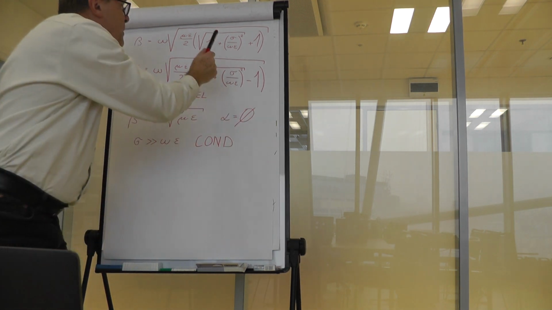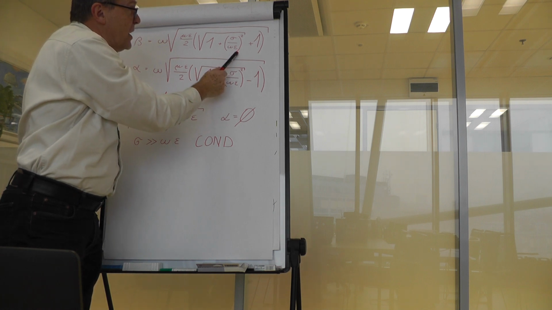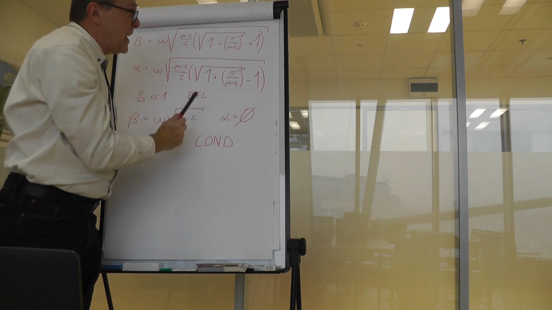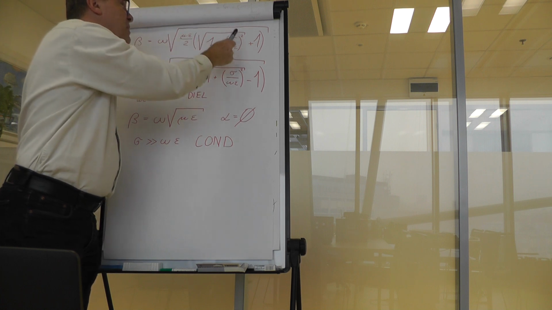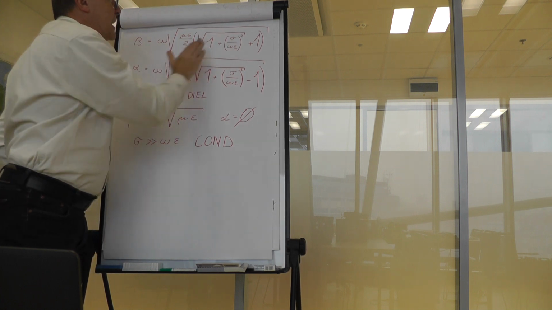So if we have sigma over omega epsilon much bigger than 1, we raise it to second power, then we can neglect this one.